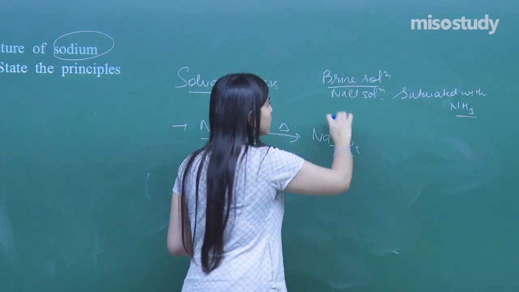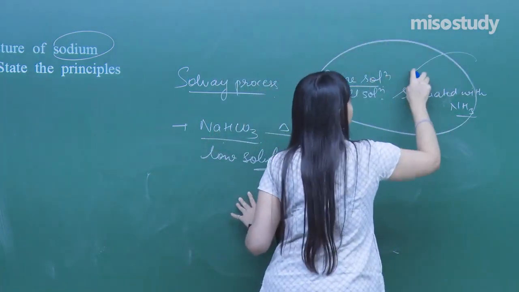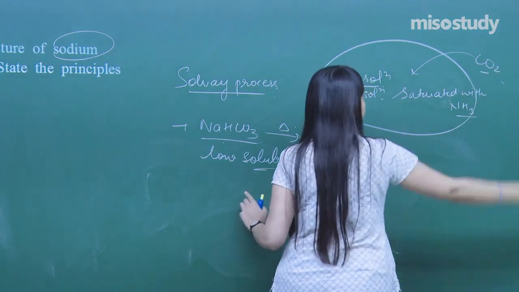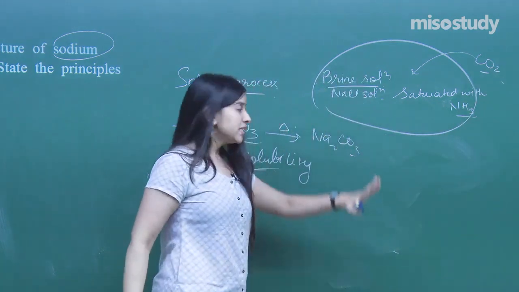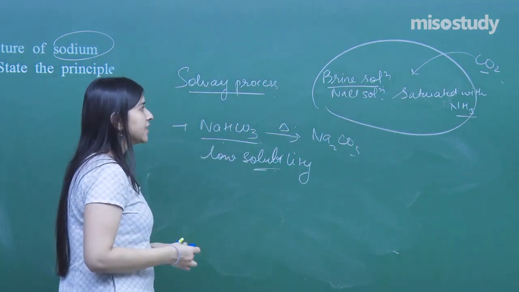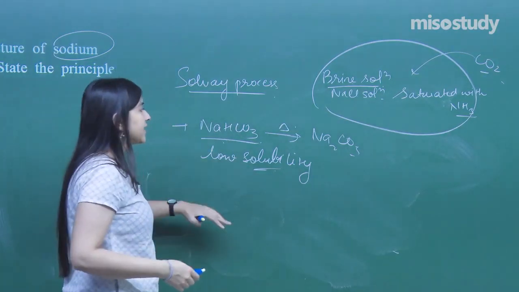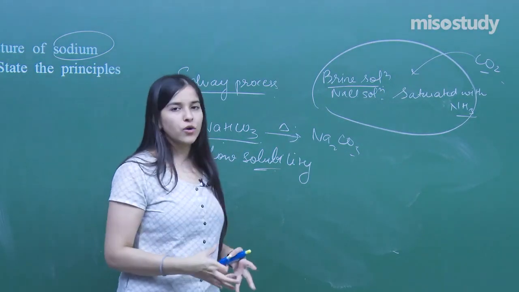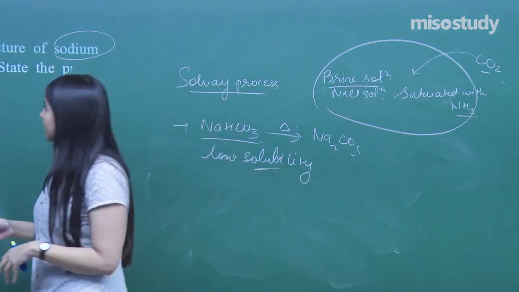And what we do with this solution is pass CO2 through it, more and more CO2 till we obtain this, and finally we get our NaHCO3, which is insoluble in water. We can obtain it.